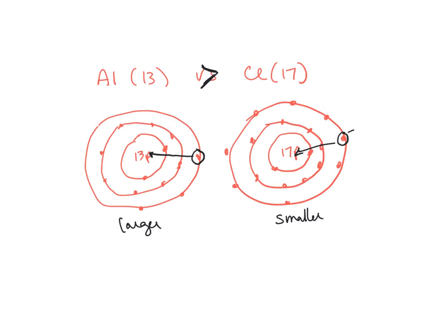All right, and then the next. Covered all of them. Then if you look forward, sodium has 11 electrons versus sodium plus, which has 10.